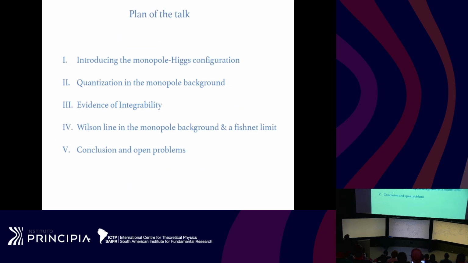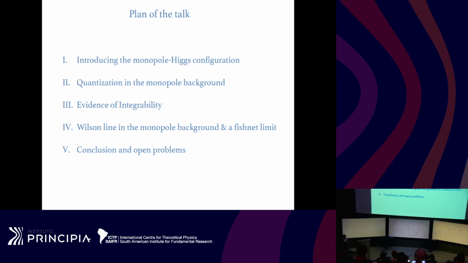Okay, so the plan of the talk is that I will first introduce this monopole Higgs setup, and then I will explain how to quantize N=4 super Yang-Mills in this background. This quantization will involve some very nice and exactly solvable quantum mechanical problems, and their solution will really reveal to us the underlying integrability of the theory.